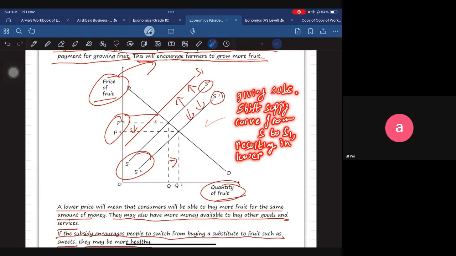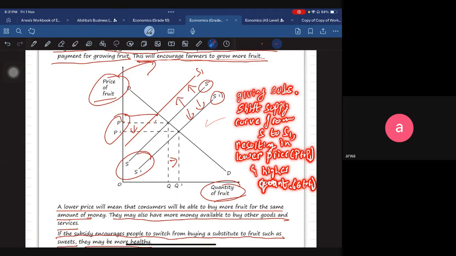Lower price and higher quantity, and he must mention the price P to P1, the way we have mentioned the supply, and quantity from Q to Q1.